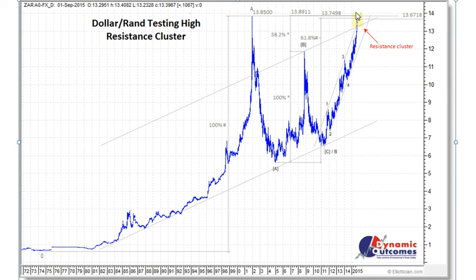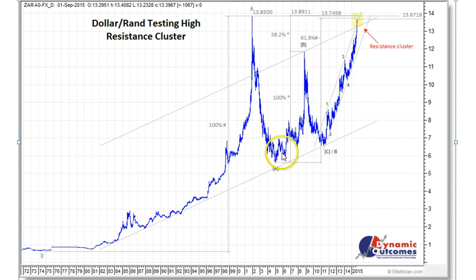And then if we use Fibonacci ratios here, if we take the move from the low to the high and take 61.8% of that and extend that from the wave A low here, we get a figure here of 1374.98. So that's in that cluster there.